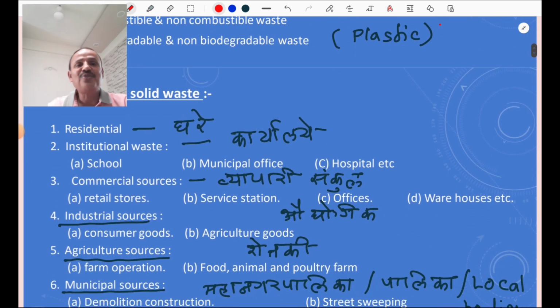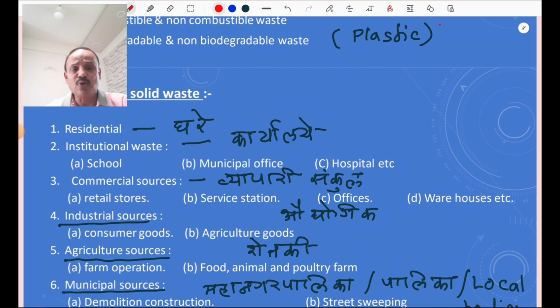Then we are going to discuss the sources of solid waste as discussed in the short. Residential, then institutional waste. Institutional means school, municipal offices, hospitals, etc. Commercial sources, retail stores, service stations, offices, warehouses, etc. Then industrial sources means various types of industries which are related to consumer goods also, or agricultural goods or other types of industries.